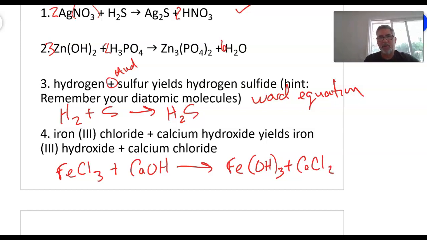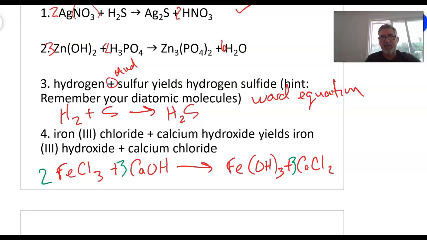Alright, so let's do our balancing thing again. I have 1 iron here, I have 1 there. Looks pretty good. I have 3 chlorides here and 2 there. Right? So I've got to make them equal. So I can say 2 times 3 is 6, and 3 times 2 is 6. Right, now I have 1 calcium here and 3 here. Right, so I'm going to have to put 3 there.